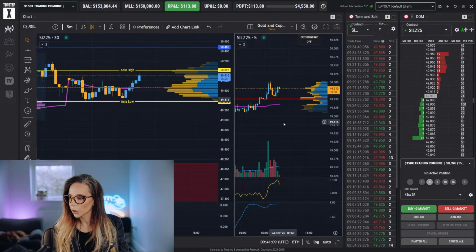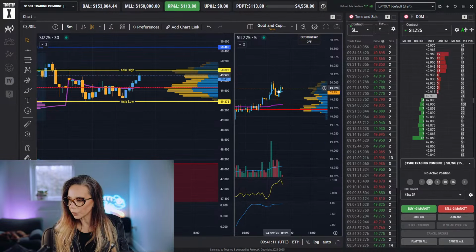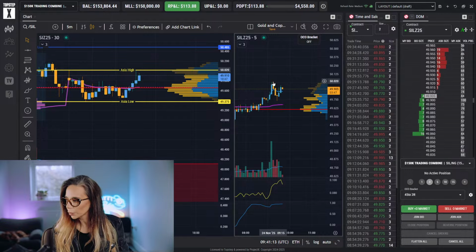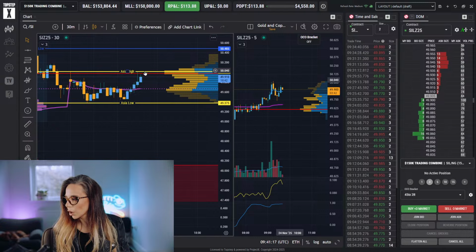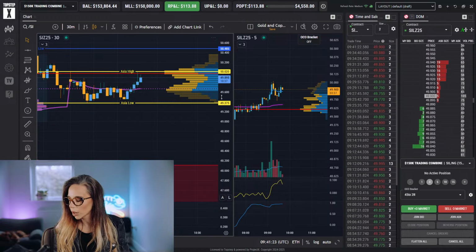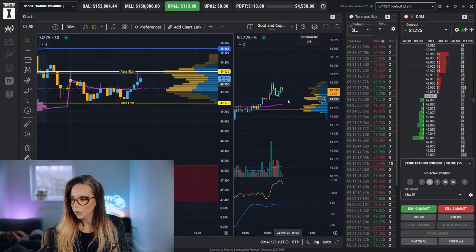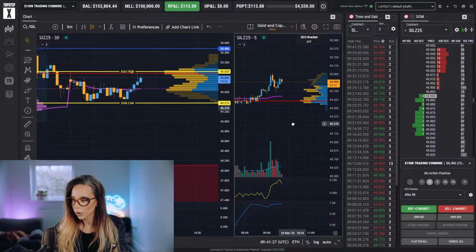Just looking at how they're behaving here. So they got up to, who's they? The wizards, market makers. They got up to just over 50, just where that high is. I would really like to see a smash through that and then a reversal.